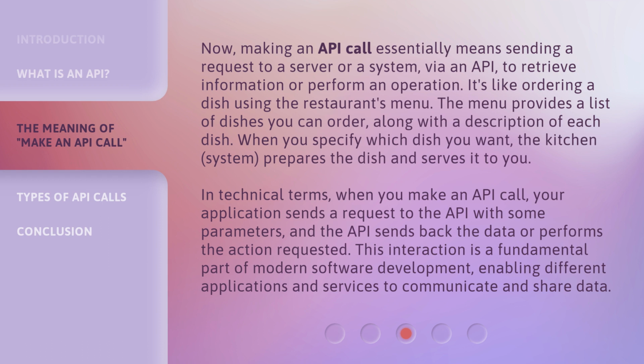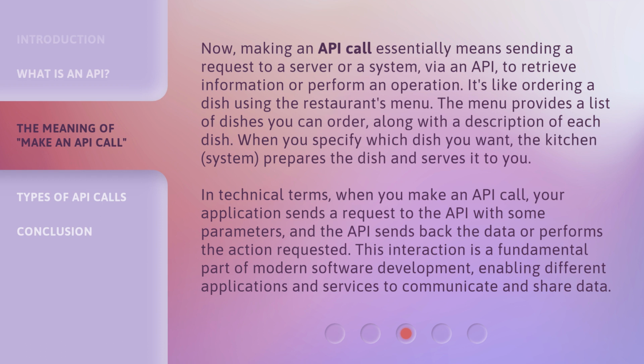Now, making an API call essentially means sending a request to a server or a system via an API to retrieve information or perform an operation. It's like ordering a dish using the restaurant's menu. The menu provides a list of dishes you can order, along with a description of each dish. When you specify which dish you want, the kitchen system prepares the dish and serves it to you.